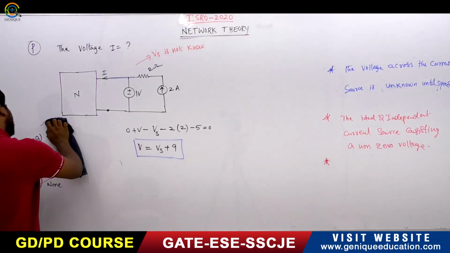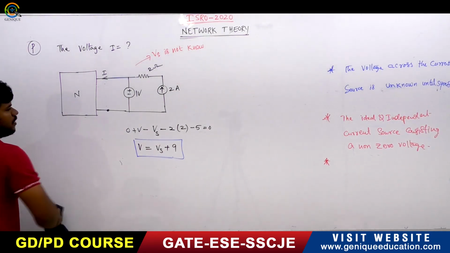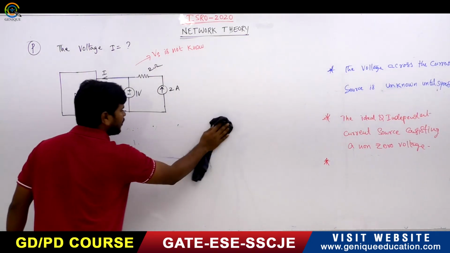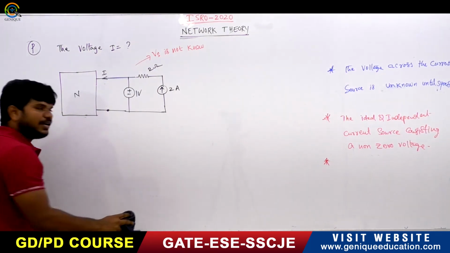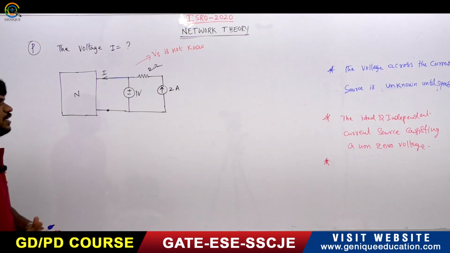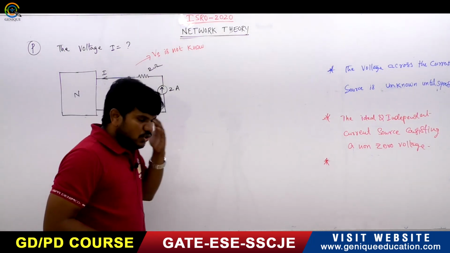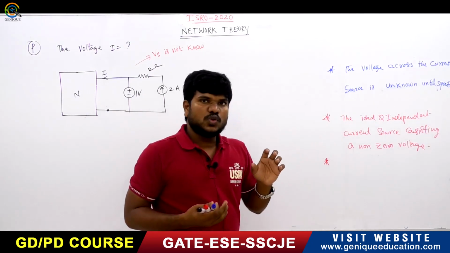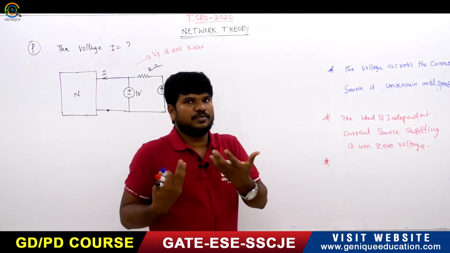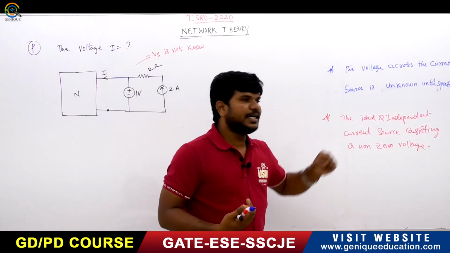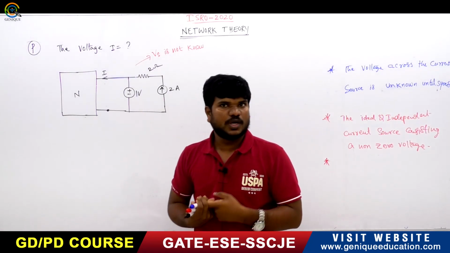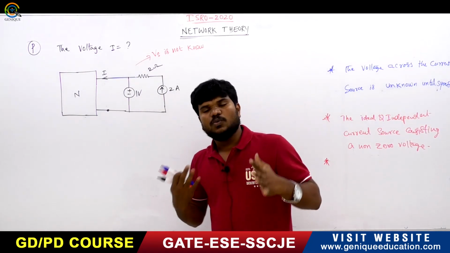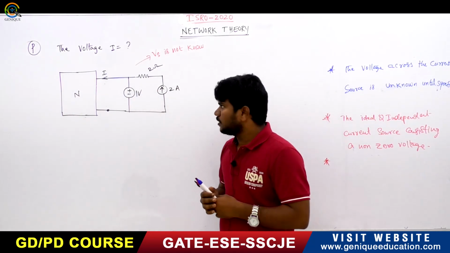How can you find the current in the given network? You have to identify that. You cannot say how much drop will be there across the independent current source. You cannot determine the voltage across the independent current source.